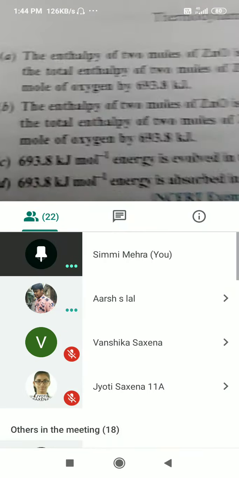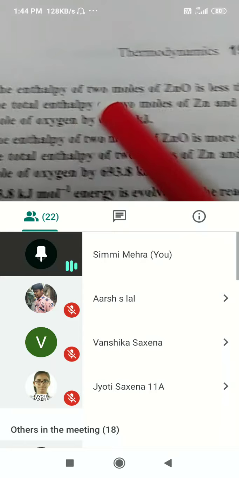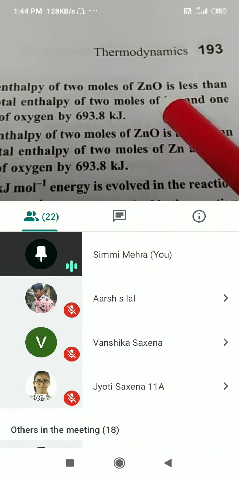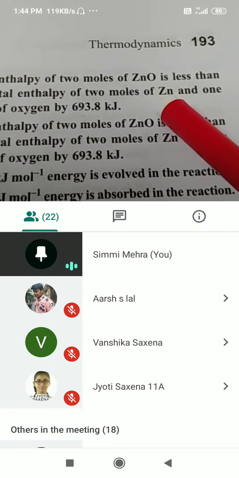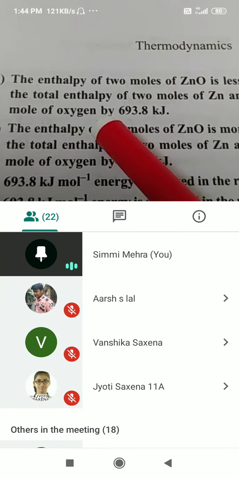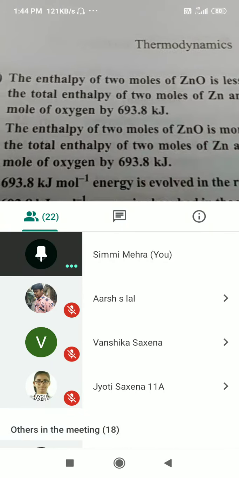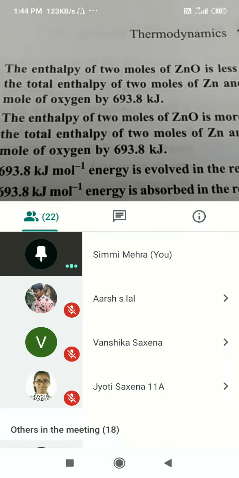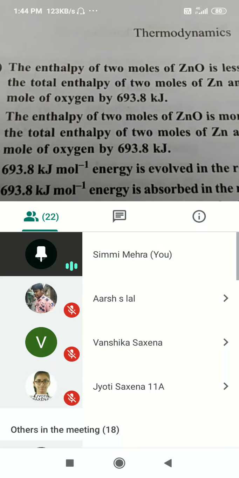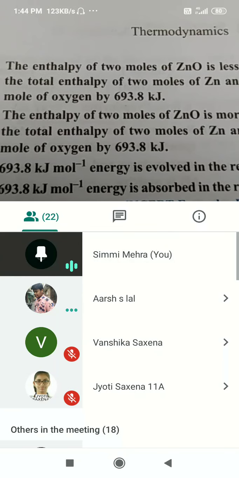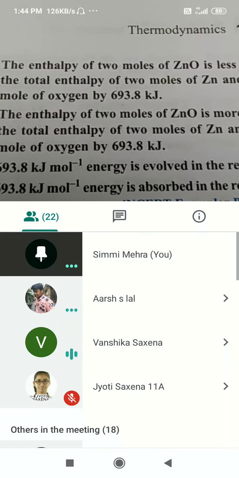Based on this equation, the enthalpy of 2 moles of zinc oxide is less than the total enthalpy of 2 moles of zinc and 1 mole of oxygen. What is delta H equal to? Delta H for a given reaction is enthalpy of product minus enthalpy of reactant.